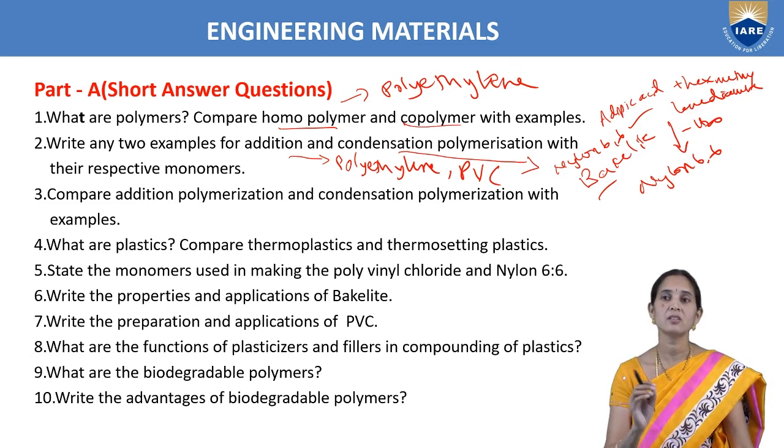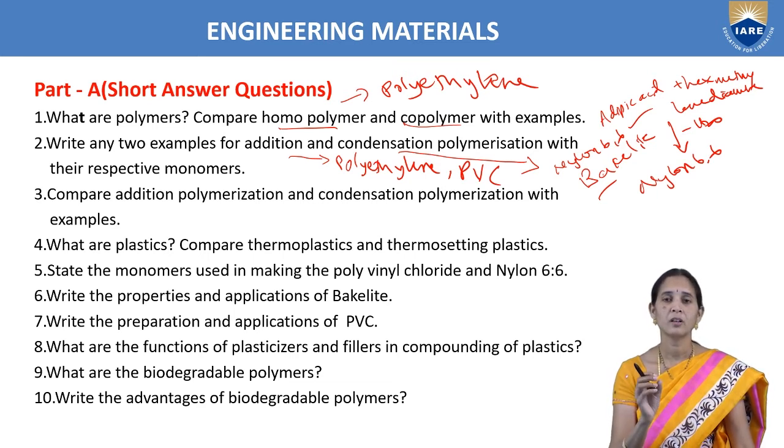That is the comparison. Thermosetting resin means, when we are preparing the polymer material, for example bakelite, by taking phenol and formaldehyde, we get a polymer given the name bakelite. When we prepare it, we get a hard polymer. Why?